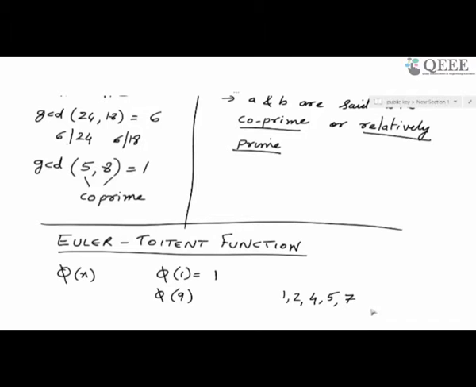GCD of 3 comma 9 is not equal to 1, and also GCD of 6 comma 9 is not equal to 1. So you see that there are 6 numbers here. Therefore phi of 9 is equal to 6.